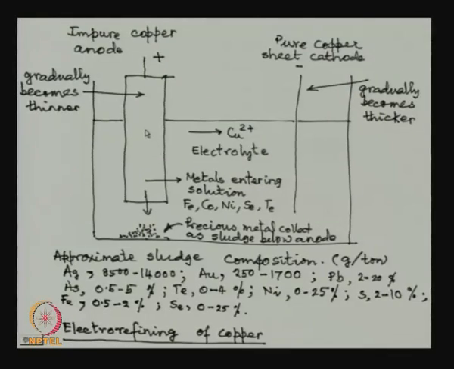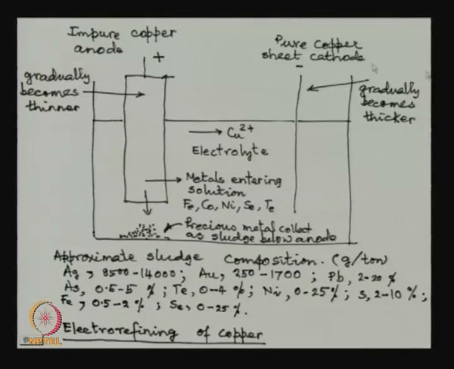Now, what happens when copper is coming from here to here? What happens to the impurities that are within this? Now, there are two things that can happen. There are some metals here which enter the solution because they can dissolve in the solution. Like if you have impurities like iron, cobalt, nickel, selenium, tellurium, we have sulfuric acid electrolyte, they will go into the solution.